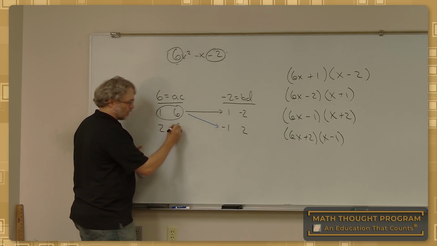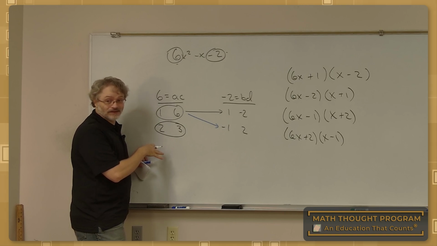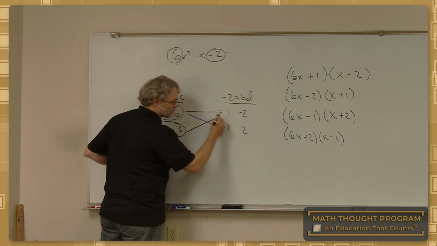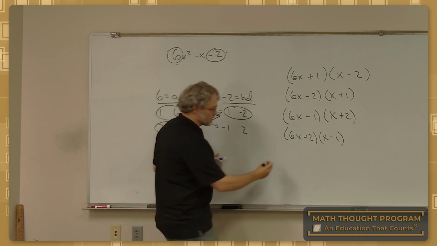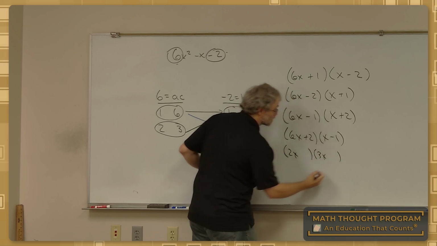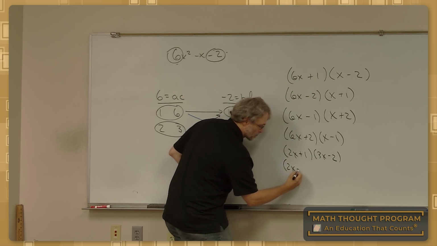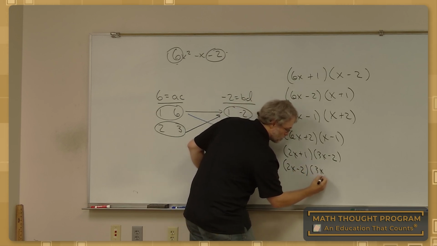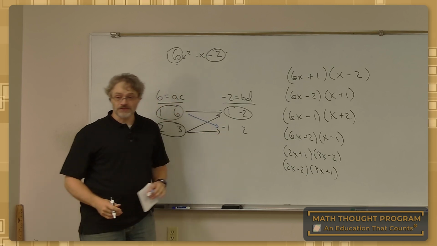Also, instead of using a 1 and a 6, maybe it's going to factor as a 2 and a 3. You can only use a 1 and a negative 2. So likewise, maybe a 2x and a 3x. Or maybe you need to go over here with negative 1 and a 2.